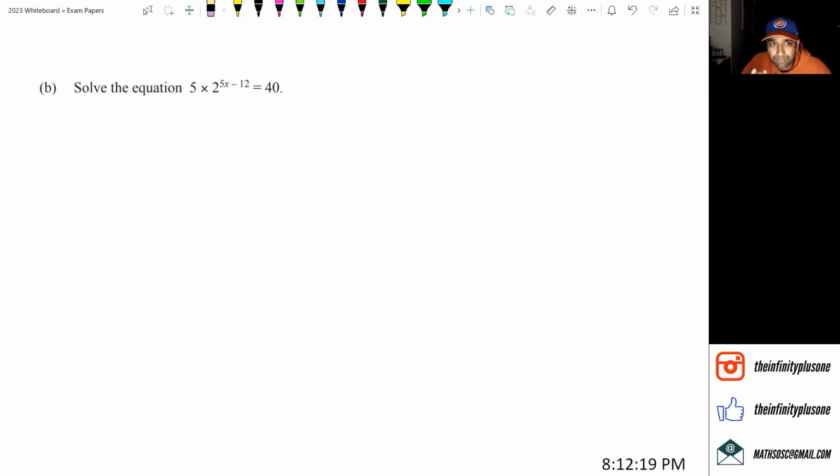Because you don't have a calculator, you should straight away know that's not actually possible, because the only things you know are 2 to the power of 1 is 2, 2 squared is 4, 2 to the power of 3 is 8. So with that in mind, we've got to figure out a way to get rid of that 5 and 40. In your head you go, actually 5 and 40, that's like 5 times 8 is 40, right?